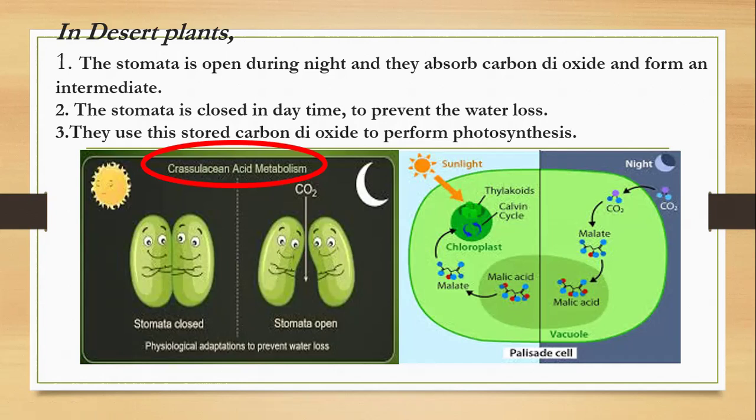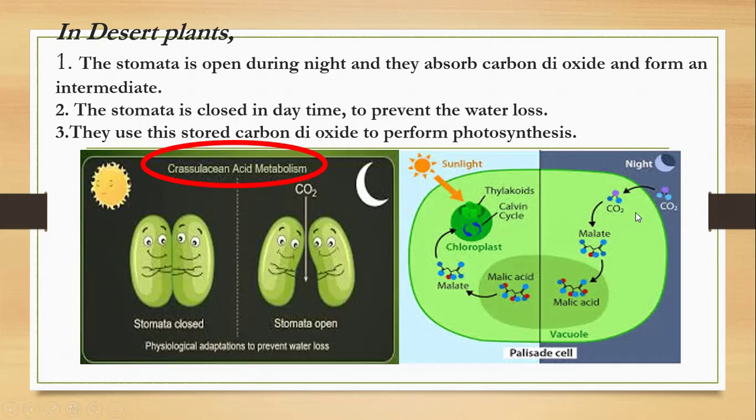The stomata is open during night, and they absorb carbon dioxide for an intermediate product. Okay. And the stomata is closed in the daytime to prevent the water loss. They use this stored carbon dioxide to perform photosynthesis.